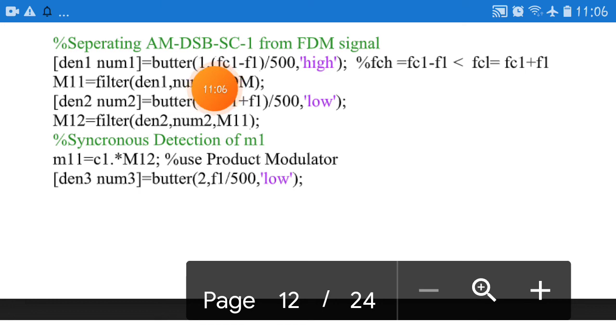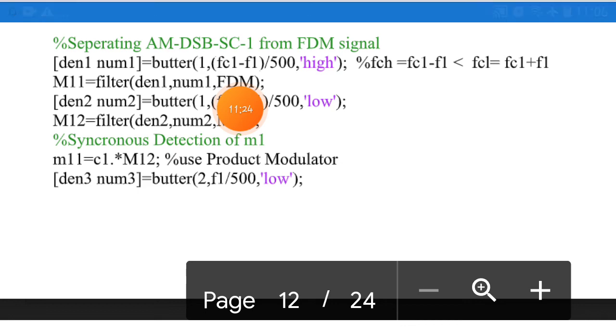The first argument is the order of the filter, the second one is the normalized angle of frequency, and the third indicates a high pass filter. Then call the filter function, and the input is the AM signal.